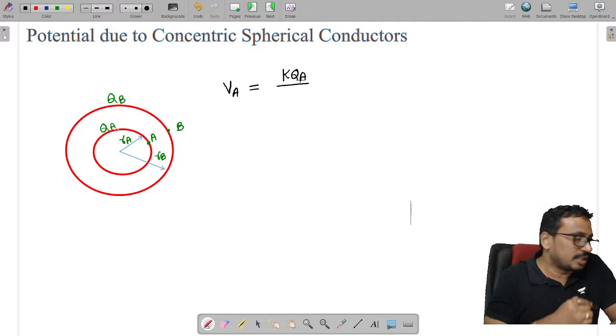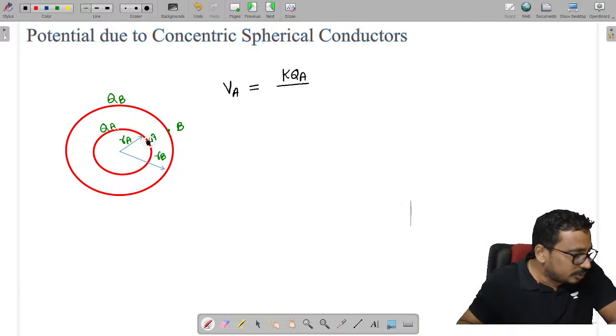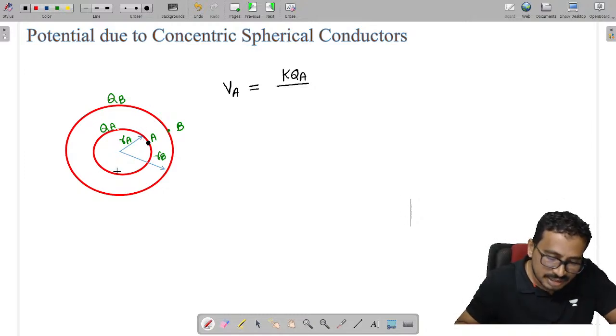by, listen carefully, I want to find the potential at the point A. Now you see this distance is RA, the QA charge distance is RA, and the radius of this sphere is also RA.